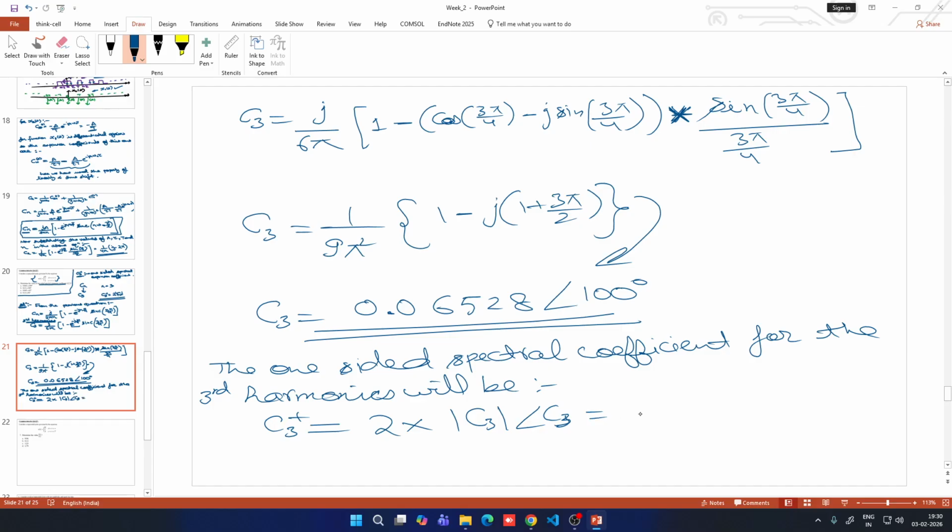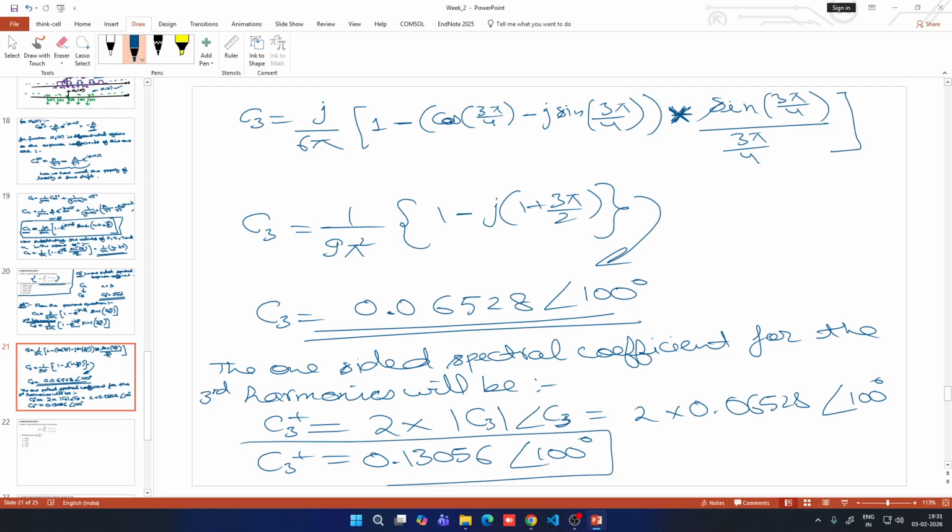So it will be 2 multiplied by 0.06528 and angle 100 degrees. So C3 plus, the one-sided spectral coefficient for the third harmonic, is 0.13056 angle 100. This is the correct answer for question number 6.